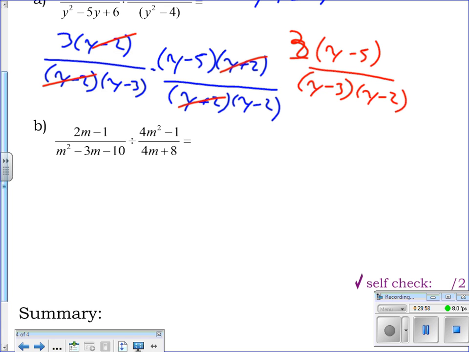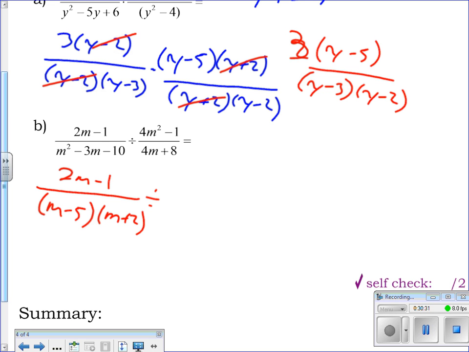Okay, this one's a little tougher, but it's not too bad. 2m minus 1, I can't do anything to that. So I do want to rewrite everything that I do. Factors of 10, subtract to give me 3: m minus 5, m plus 2, divided by difference of two squares, 2m plus 1, 2m minus 1.